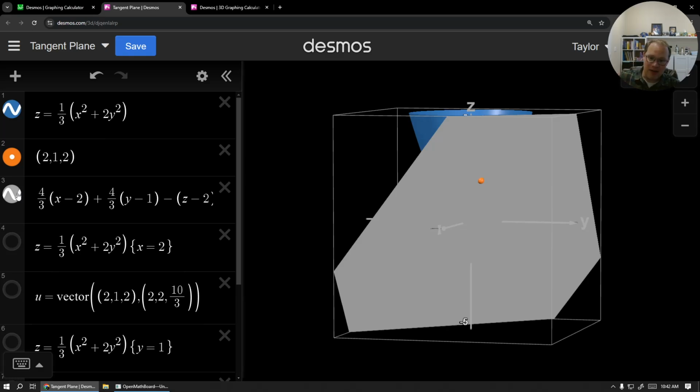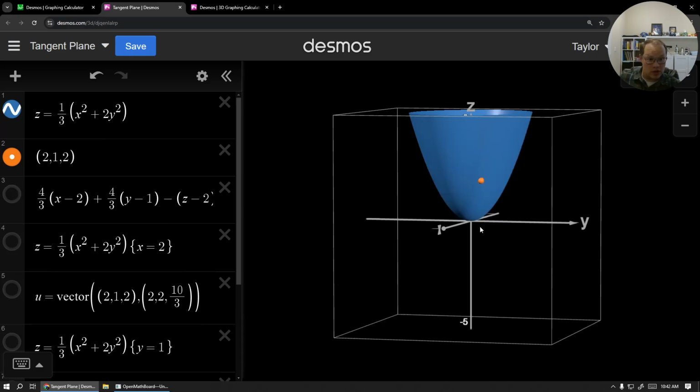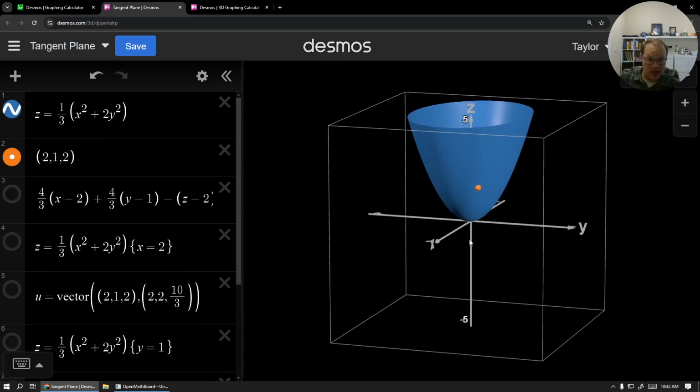How do we find a vector normal to the plane? Our strategy here is the strategy we often take for finding a vector normal to the plane. If we could find 2 different vectors that are parallel to the plane, that are in the plane, then we could take the cross product of those 2 vectors and find a vector normal to the plane. So how do we find those 2 vectors that are in the plane?